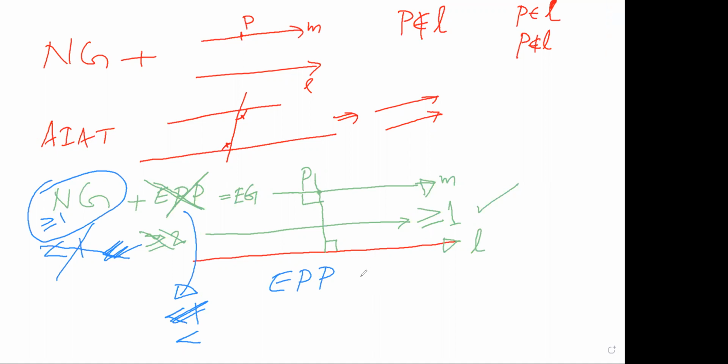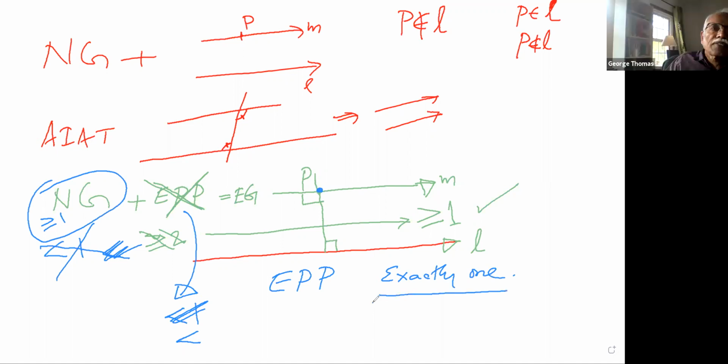EPP says if we have a line L and a point P, there is exactly one line passing through P. Yeah, there is exactly one line. What is the opposite of this?